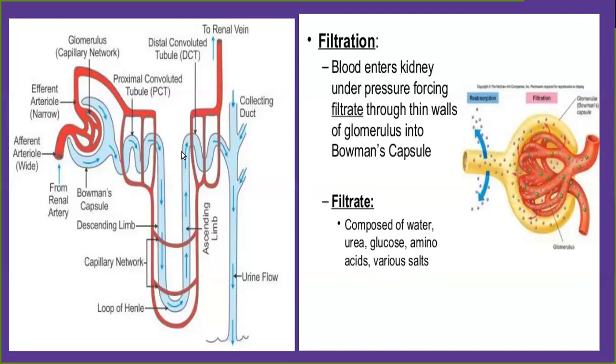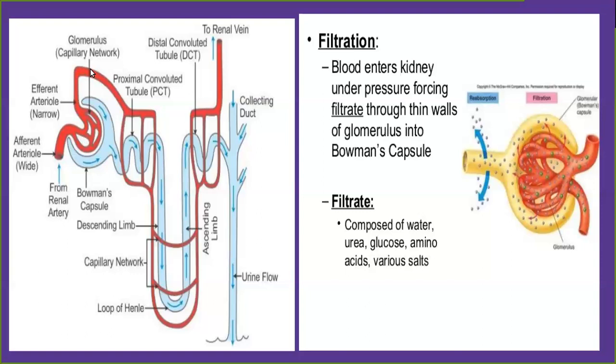As a result, this filtrate enters into the tubule and moves through it. At the other end of the glomerulus, the purified blood enters into the efferent arteriole.